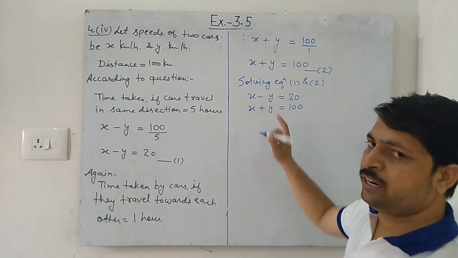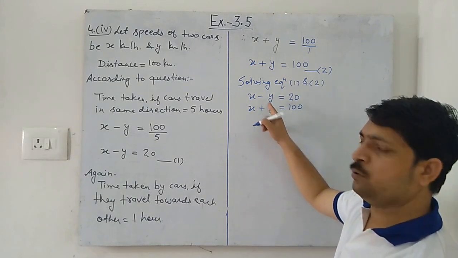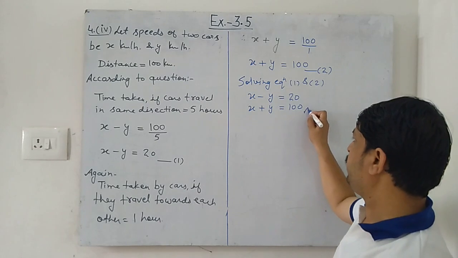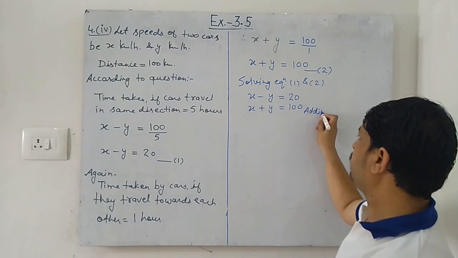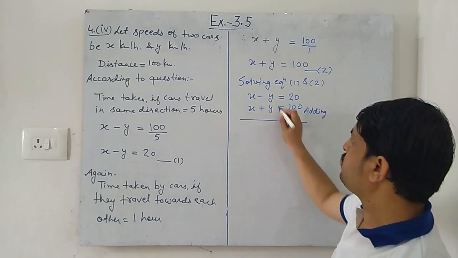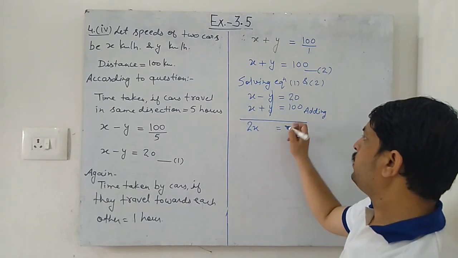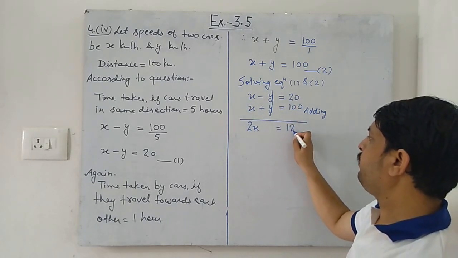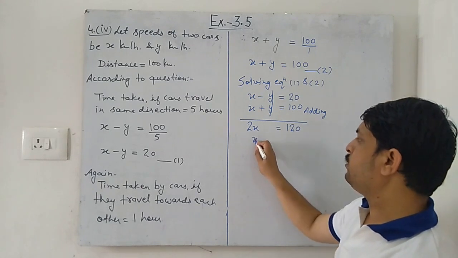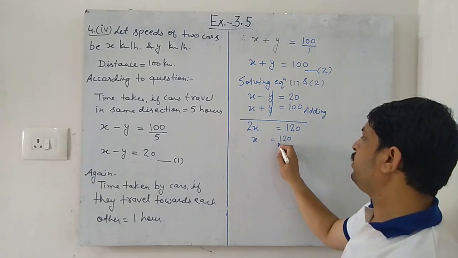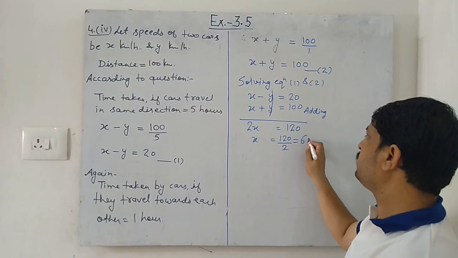Here we can eliminate y because both have opposite sign, they can be cancelled. So we are adding both the equations, so y will be cancelled. x plus x, it will be 2x, and 20 plus 100, it will be 120. So x is equal to 120 upon 2, that it will be 60.